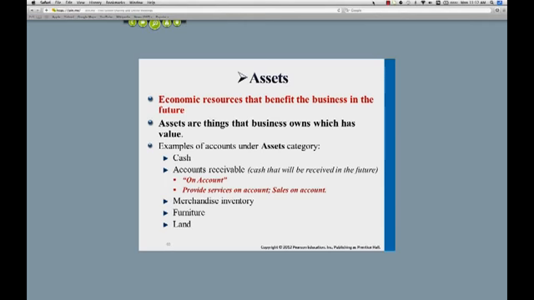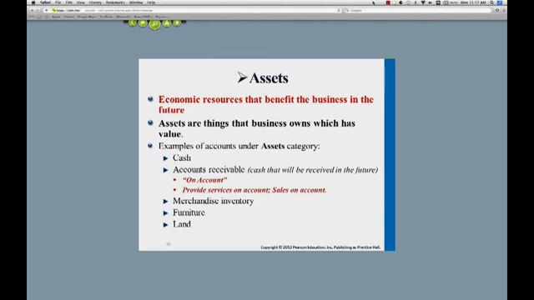We use this to purchase materials, furniture, land, inventory. You may be trading one asset, cash, for another type of asset. If you purchase a piece of land, furniture, or equipment using cash, you're exchanging a cash asset for another type of equipment or machine asset. That is an example of a business activity that involves two types of assets.